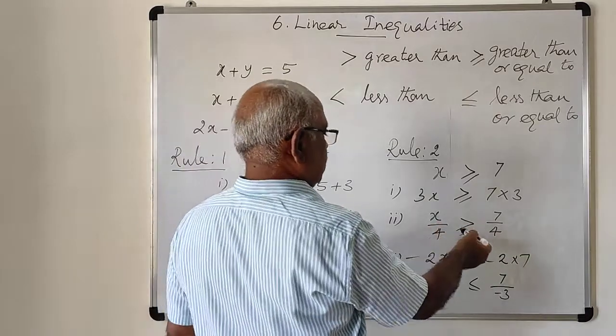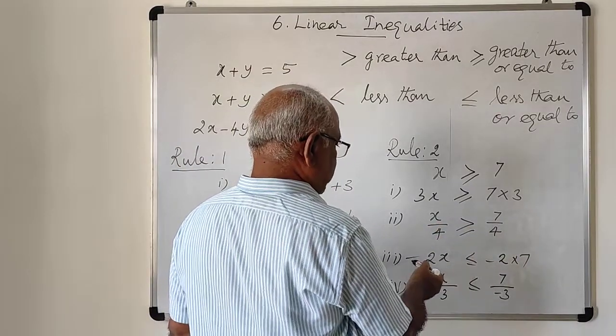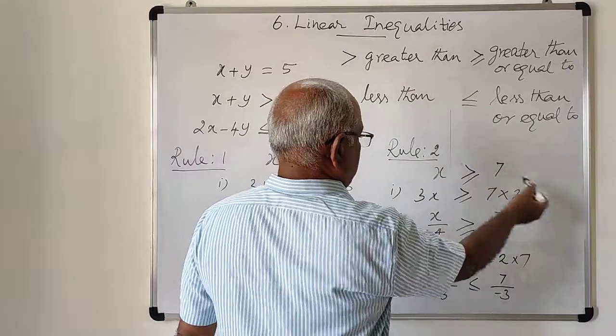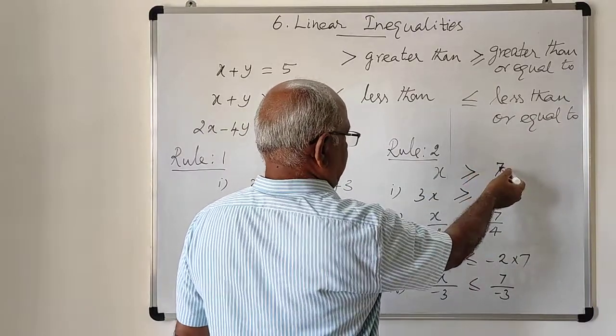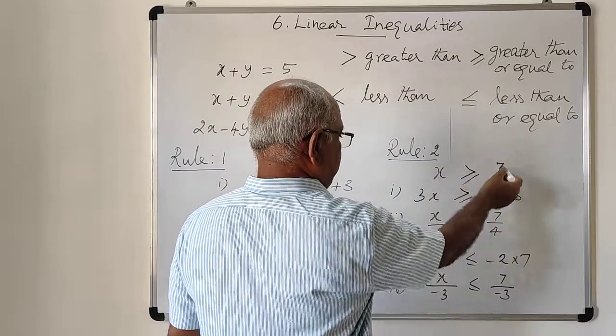This greater than or equal to should become less than or equal to, because I multiply by minus 2 on both sides. Say x greater than or equal to 7. If I multiply minus 2 on both sides, it becomes minus 2x less than or equal to minus 27.